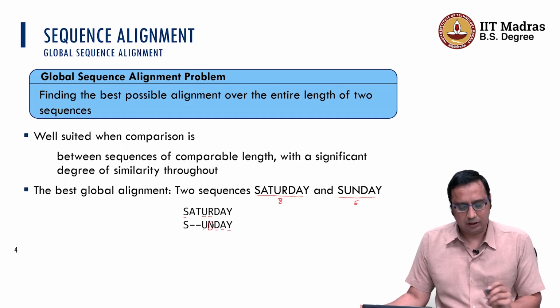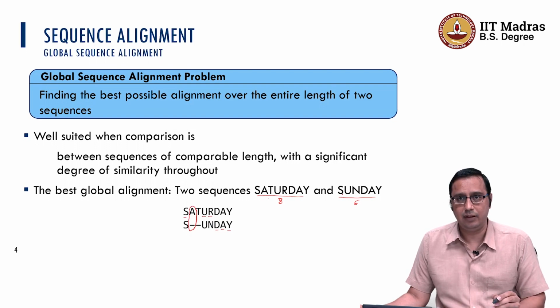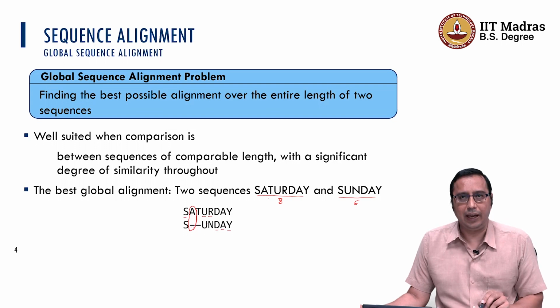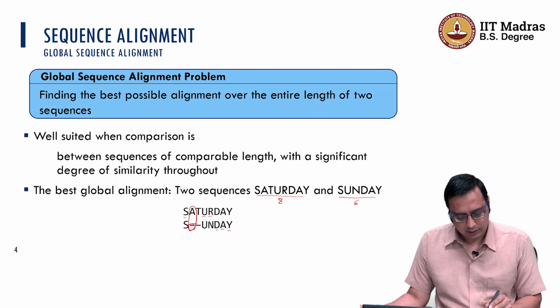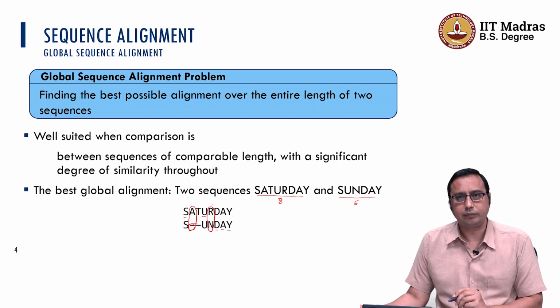So I have here three kinds of possibility. One possibility is A with some gap, so I'm not aligning any character or letter to A. So I'm putting this as a gap. This symbol here is a gap symbol. Another one is mismatch. Here the R is aligned with N. Now the question is why I am allowing mismatch.